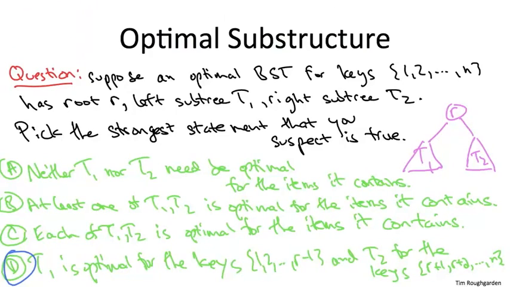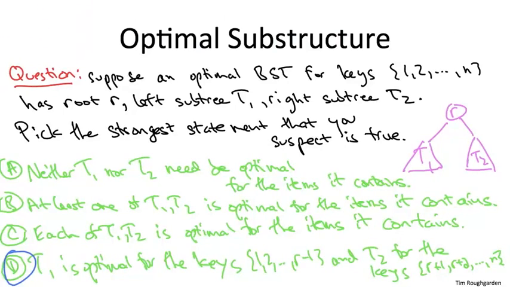They minimize the weighted search time over all possible search trees for the objects contained in those two trees. So that rules out A, it rules out B. We can say something stronger than that. But we can even say something stronger than C, that each of the two trees is optimal for the items that they contain. We actually know exactly which items are in T1 and which items are in T2.